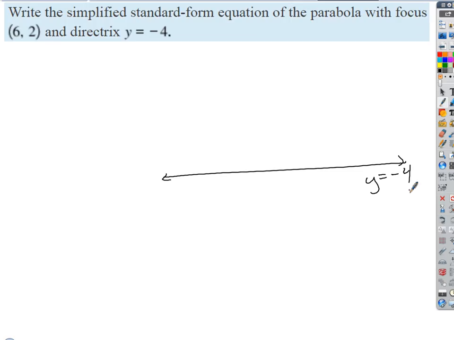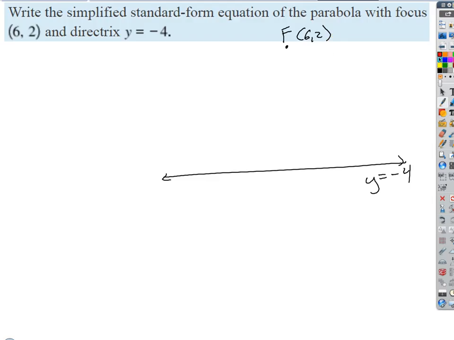What do you think? Is the point above or below? Above. How come? Because 2 is bigger than -4, right? The y value of the point is bigger than the y value of the line. So there's our point, our focus, and the coordinates are (6, 2).